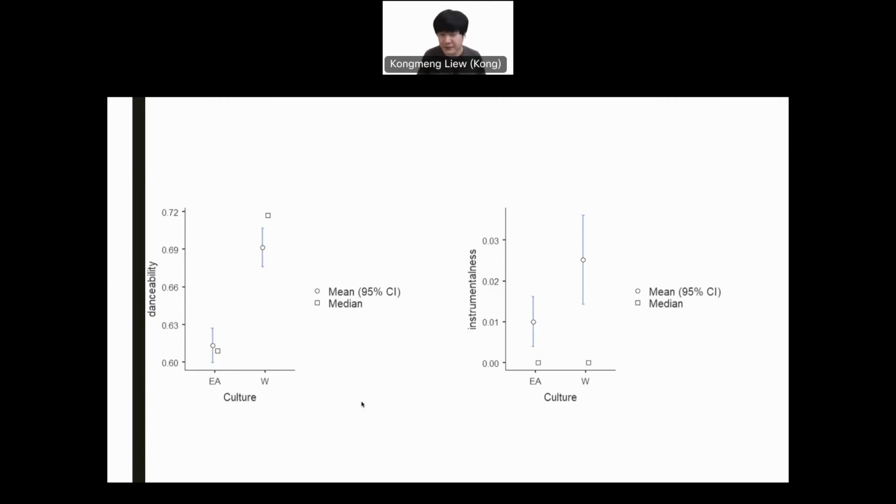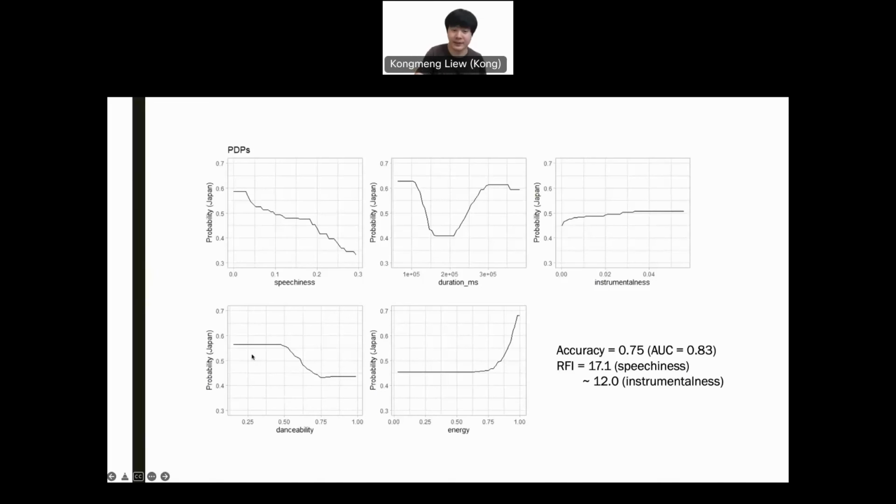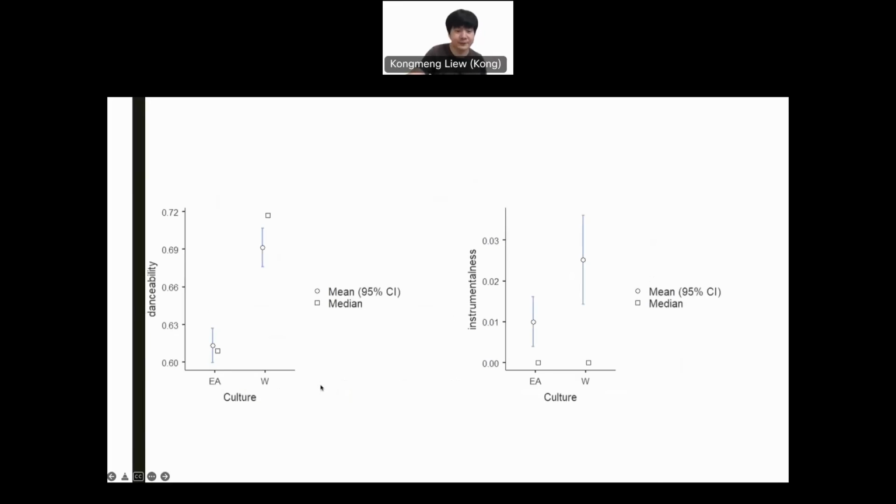We did find that danceability replicated very well, because Western cultures were higher on danceability, which, if you look at the PDPs, is in a similar direction. But with instrumentalness, we saw a slightly opposite effect.